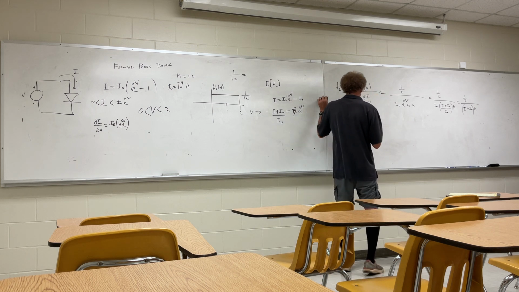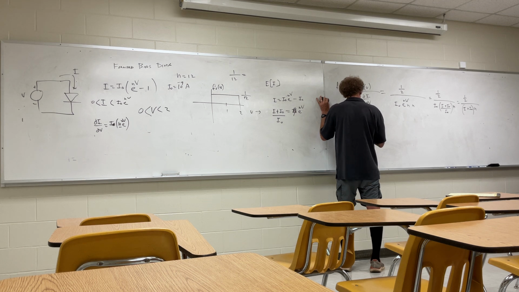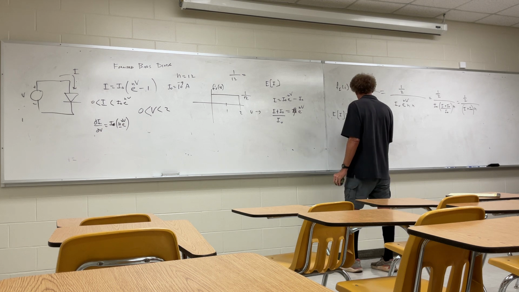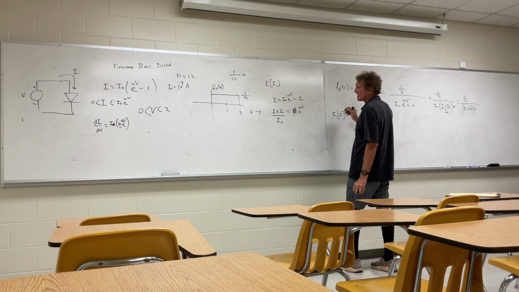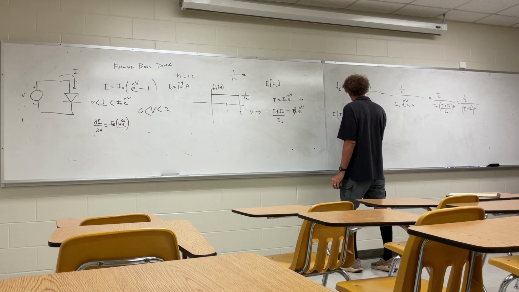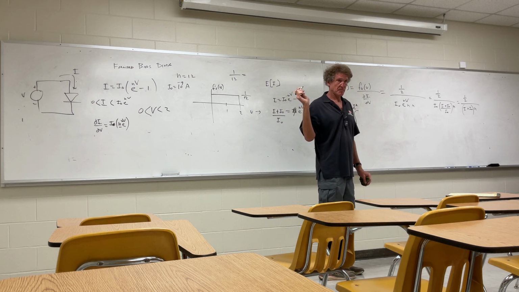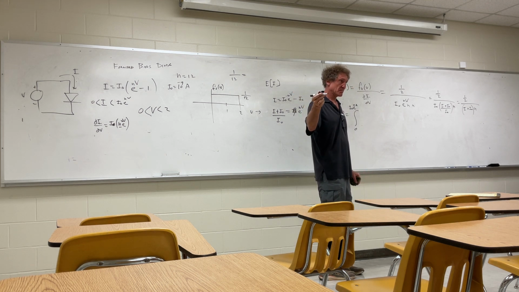So here, expected value. Well, that means I'm going to integrate over the range from 0 to I naught e to the 2 times n or 24. Do you agree with that? That would be the upper limit. I'm ignoring the minus 1 business.